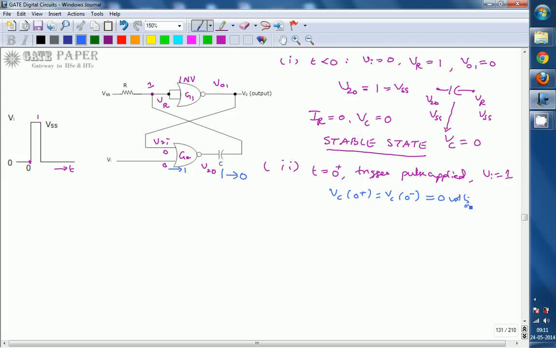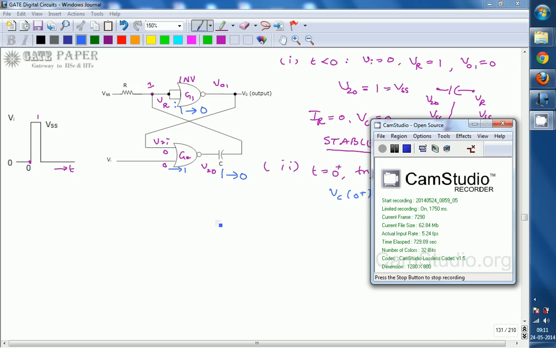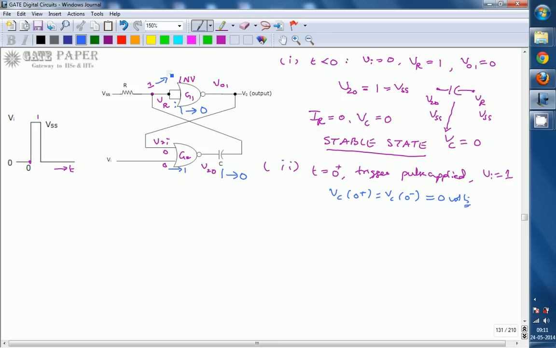Now this change from 1 to 0 takes place across VR. VR is now changing from 1 to 0. Because of the trigger, the output of gate 2 changes from VSS to 0. That reduction directly affects VR, so VR changes from 1 to 0.